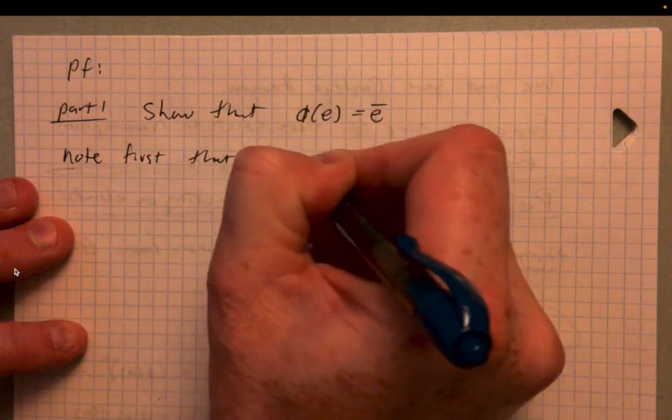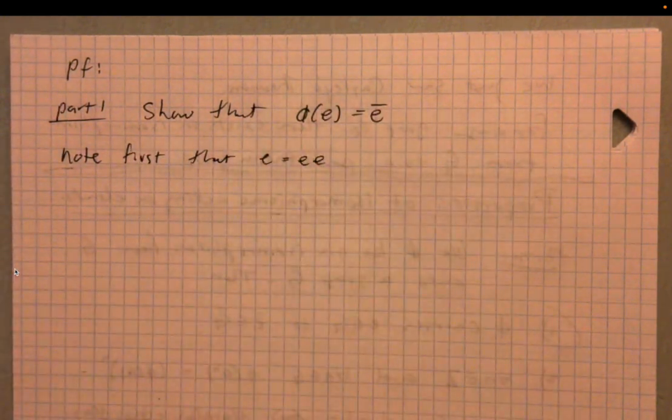Well, let's note first that E equals E times E. The identity can be applied to itself and it's equal to itself.